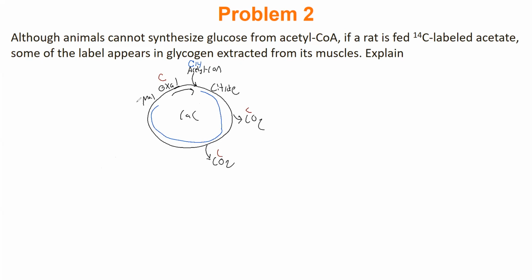Once you're in the malate, you can be transported out of the mitochondria into the cytoplasm. You remake pyruvate. You go all the way back to glucose to make glycogen. So even though technically acetyl-CoA isn't directly made into pyruvate, by going around the cycle and getting lucky by some of that malate leaving, you can have your labeled glycogen.